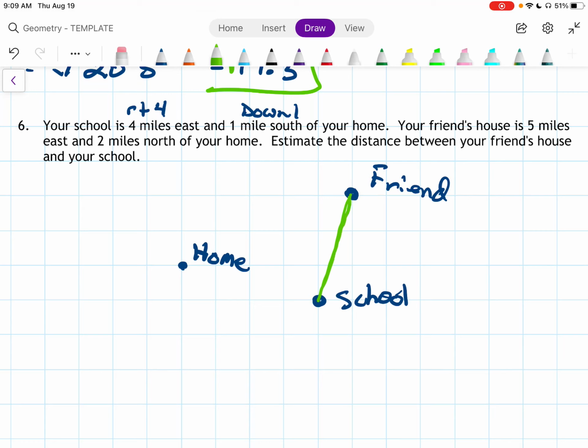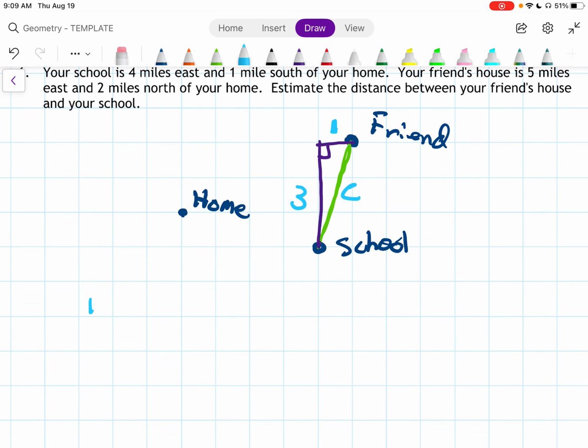Now what I'm going to do is draw a right triangle, and I'm going to use the Pythagorean Theorem here, because I think that's a little bit faster. So if I draw my triangle in here, there's my little right angle. I know that this is 1 unit, and I know that the other one is 3 units. And then I have my C, or you can call it X, whatever you want. That's going to be your hypotenuse, the long side.